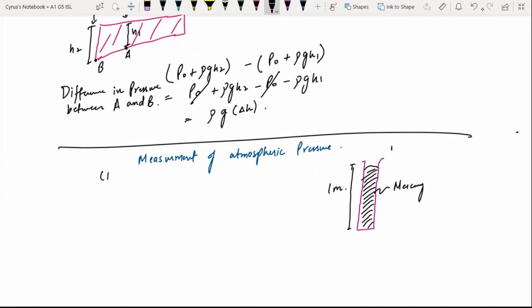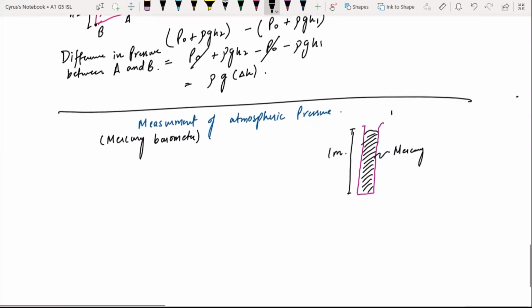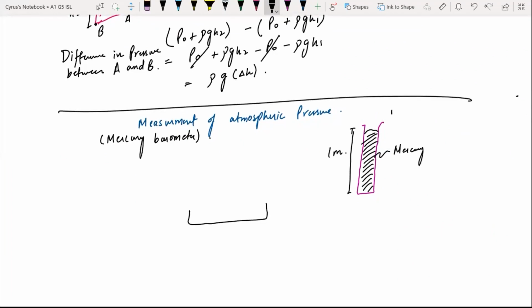What happens in a mercury barometer? We have a dish containing some mercury all the way like this, and we will invert this test tube over this trough so that we get something of this sort.